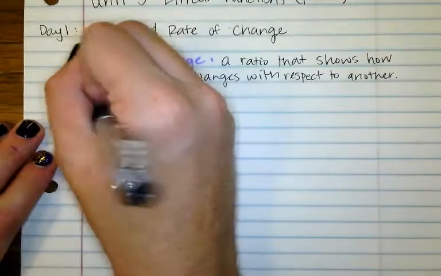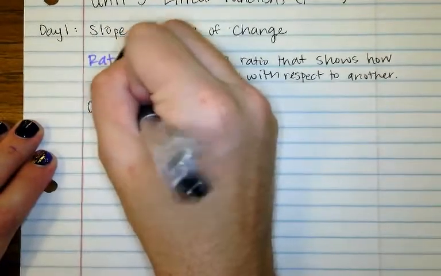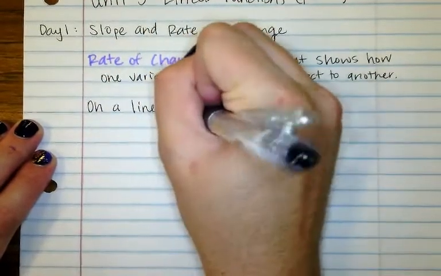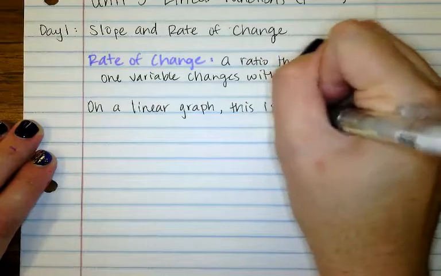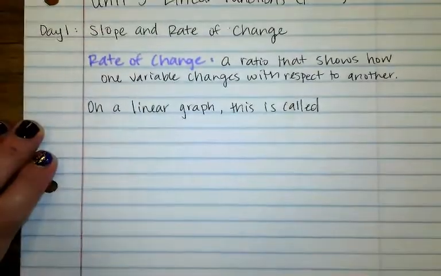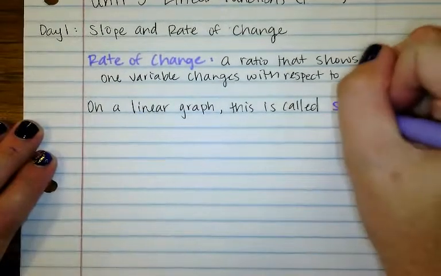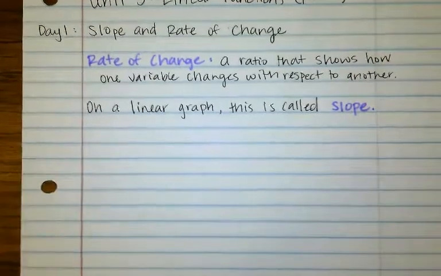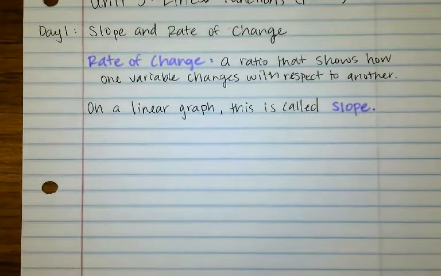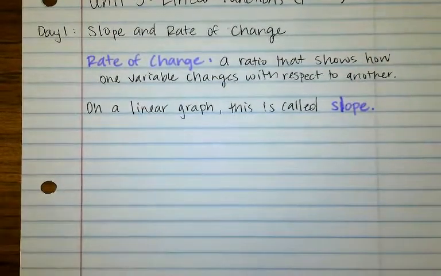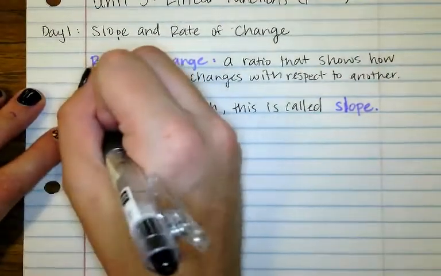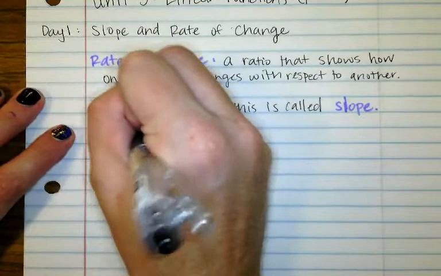On a linear graph, this is called, does anybody know what it's called? Slope. Do you guys remember slope? We did slope. Y'all did slope in 8th grade. It'll come back to you, I promise. Okay? And guys, on a linear graph, it remains constant.